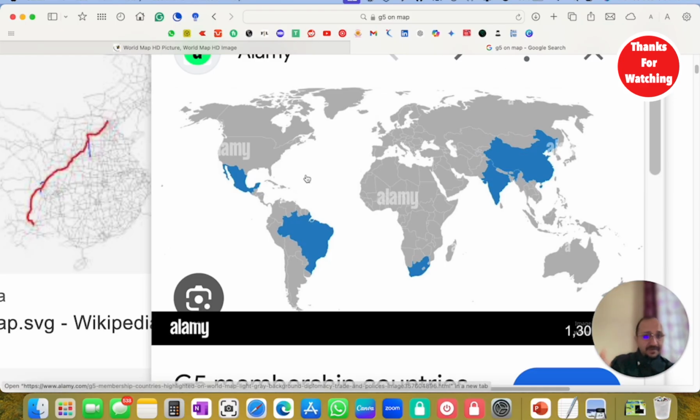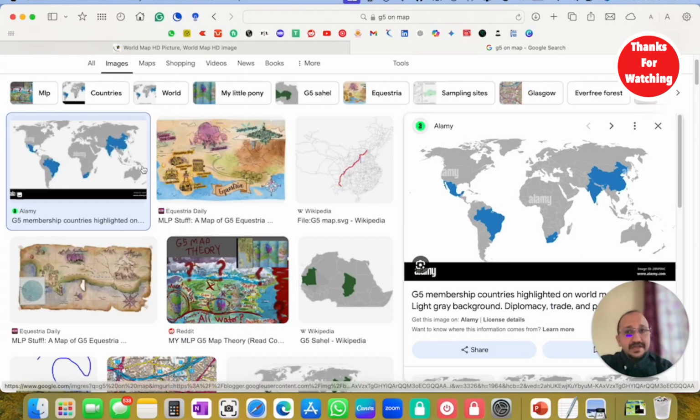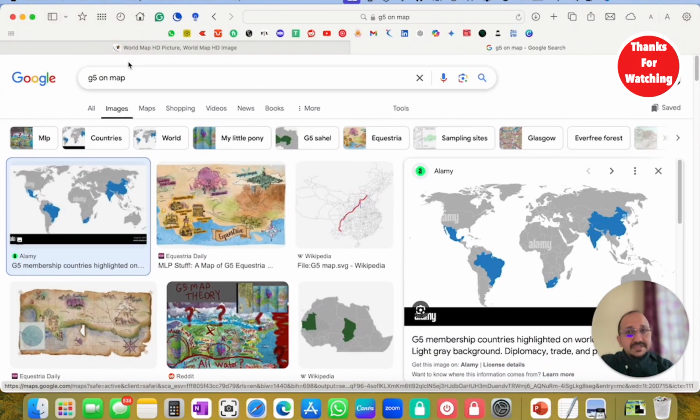So they have good power in world dynamics and international trade. G5, just remember, guys, are the most populous countries, biggest markets. In G5 it is these countries: Brazil, South America, India, China, and Mexico. I hope this is clear to everyone.